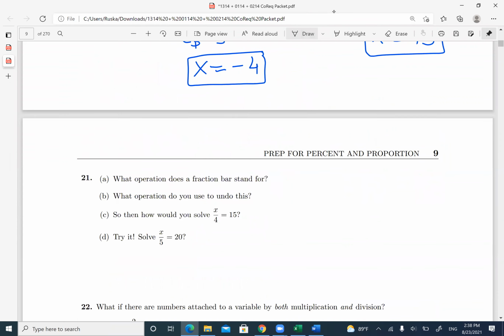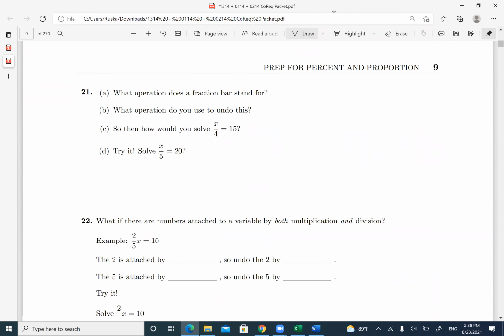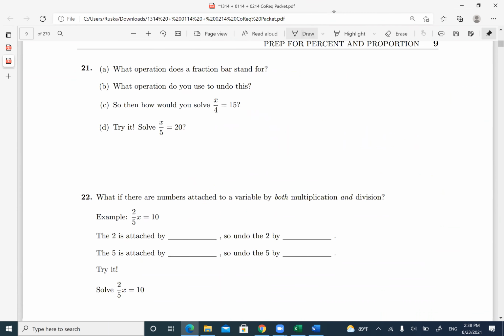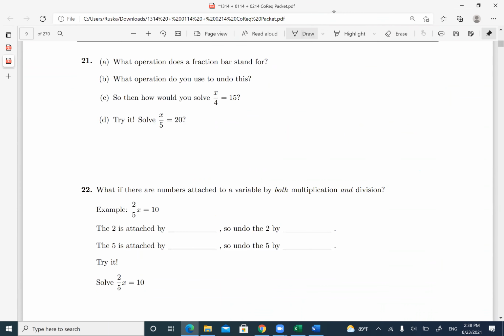Okie dokie. Going to number 21. What operation does a fraction bar stand for? Like if you have 1 divided by, oh sorry, 1/2.